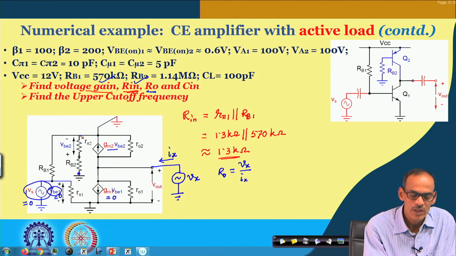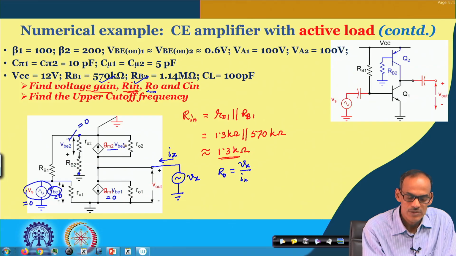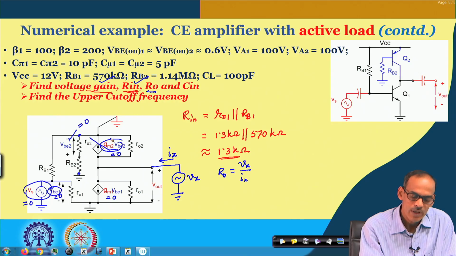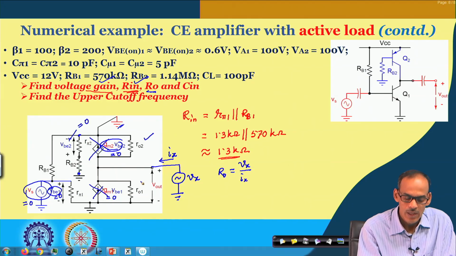We do have ground here, we do have ground here. So, Vb 2, same as the previous case, is equal to 0. So, that gives this part also equal to 0. So, we do not have this part, only we have Ro 2 connected to ground here, and Ro 1 is also connected to ground here.